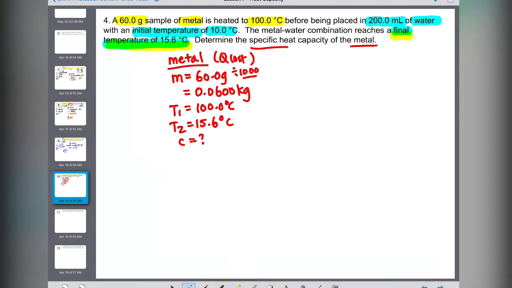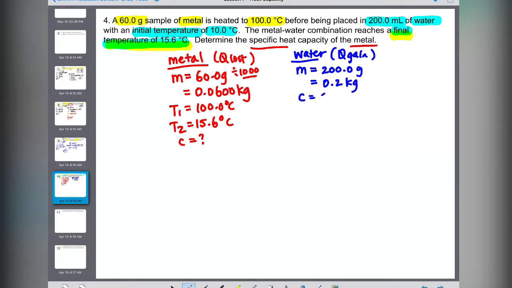And then I'm going to change color, start another list. It's important that you keep the list separate and very clear so that you don't make a mistake, right? Like plugging the wrong value into the wrong side. Okay, so water, I'm going to make a little note. This is the one that is going to go through the heat gain. I have 200 milliliters, meaning 200 grams. Remember how we said that because the density of water is 1. So this is 200 grams, and so 0.2 kilogram is what the mass is in SI unit.